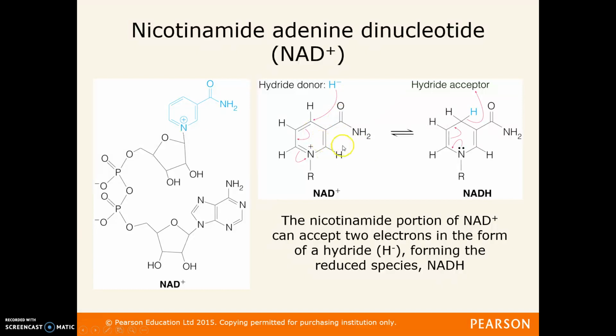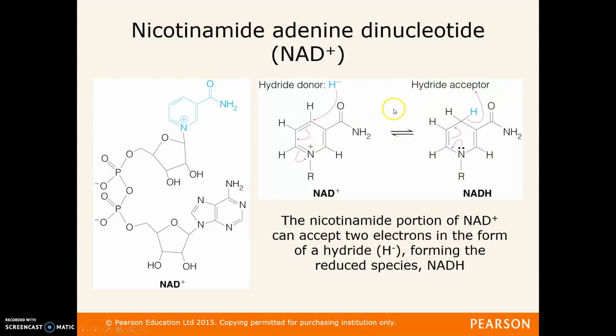I'm not worried about you guys understanding this aspect of it, but recognize that when NAD takes something from a molecule, it is taking a hydrogen with both electrons, right? So one electron which belonged to the hydrogen and another electron which it was sharing in its covalent bond. It takes both, okay? And that has consequences on the molecule that it takes it from.